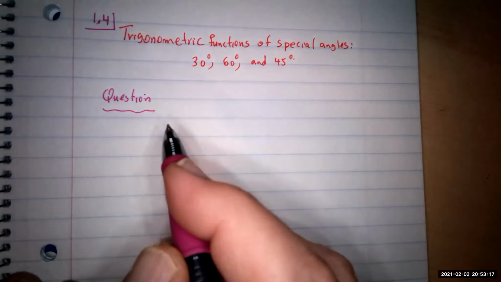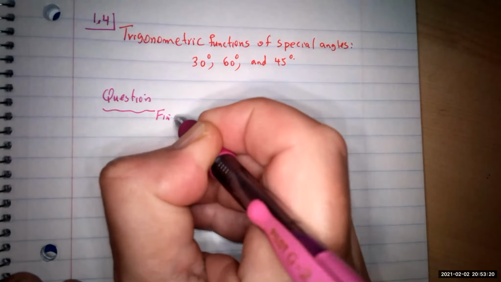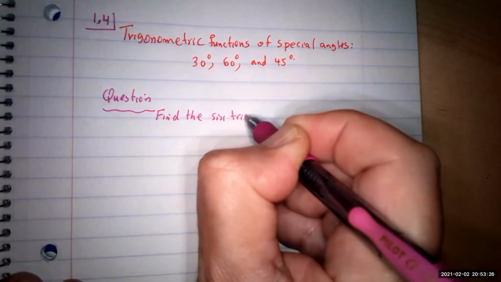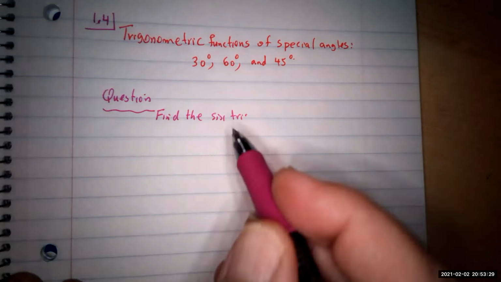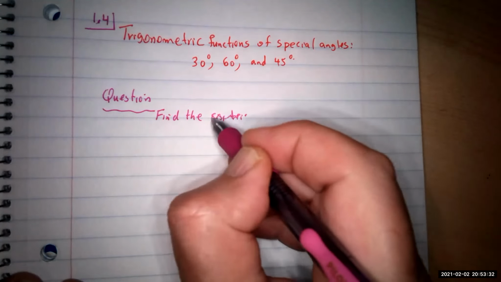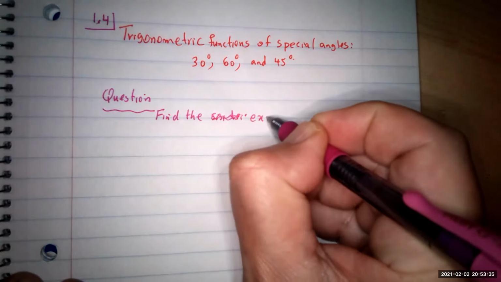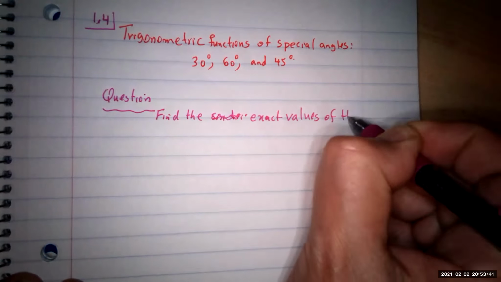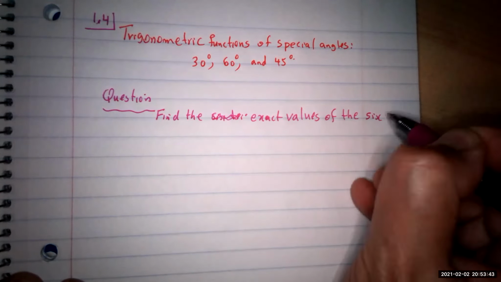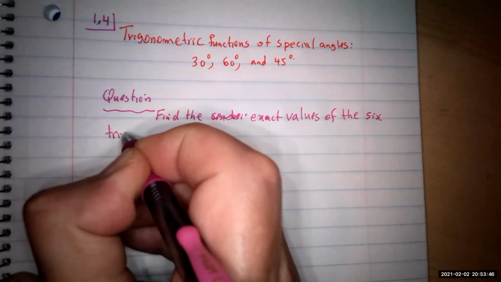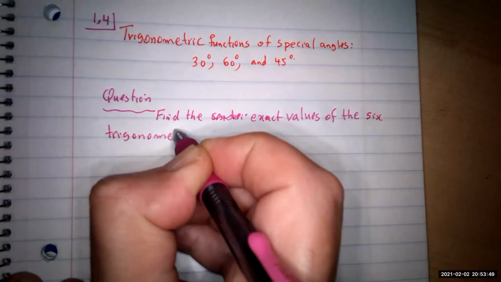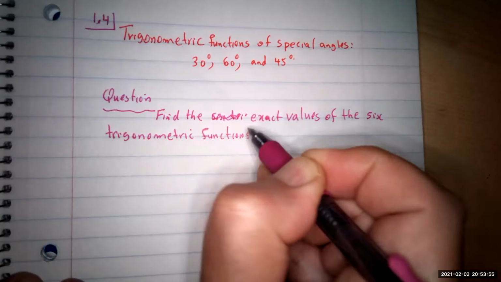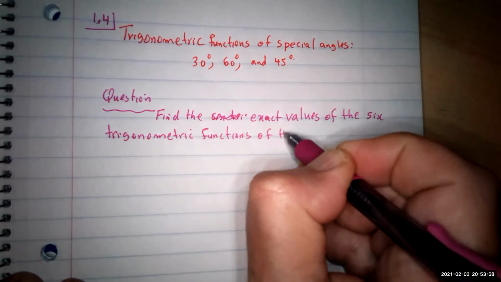We want to find the six trig functions. Find the exact values of the six famous trigonometric functions of the angle 30 degrees.